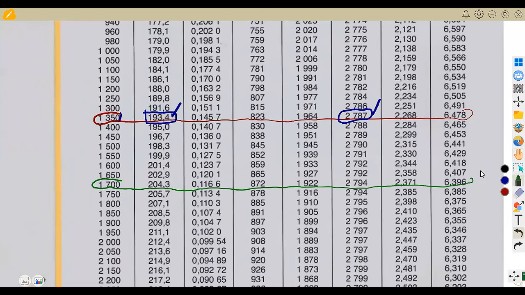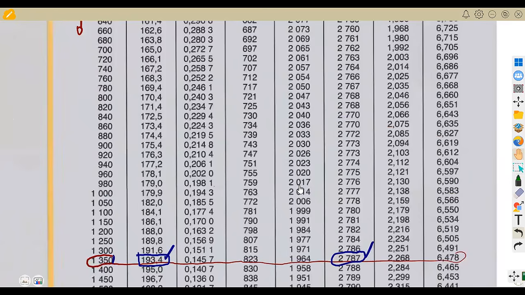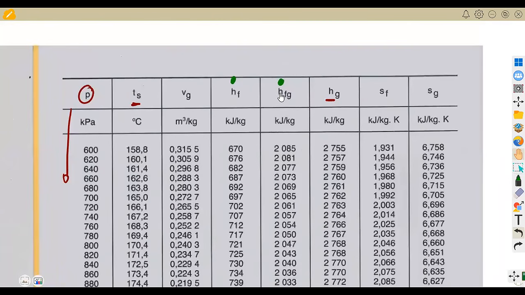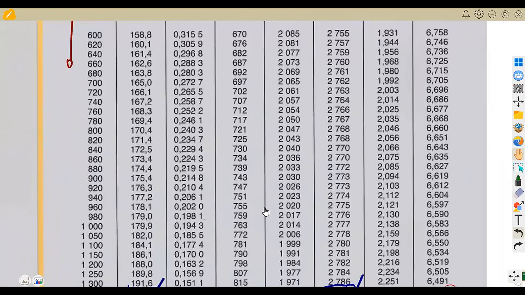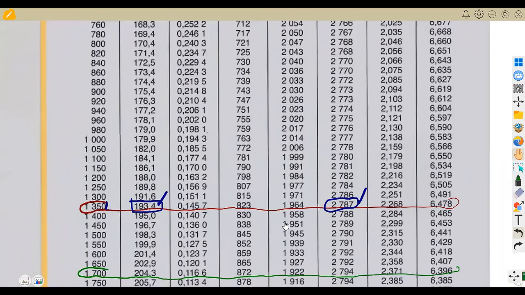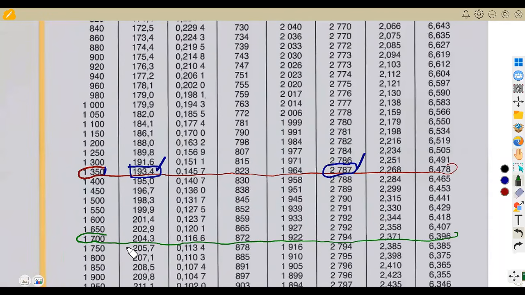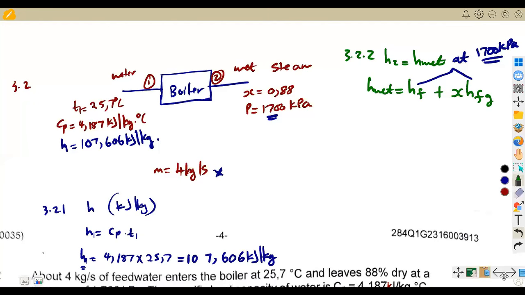So you need the values of hf and hfg there. Along this column here we have hf and hfg, down here at 1,700. So we've got our hf and our hfg in this case. Remember hf is 872 and our hfg is 1,922. So these are the values that you're going to substitute there, hf and hfg.